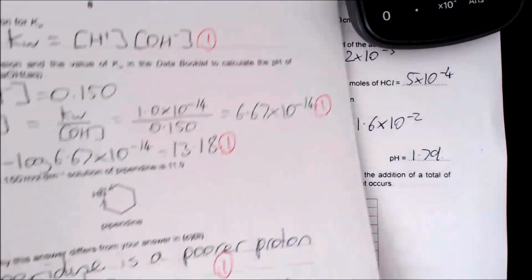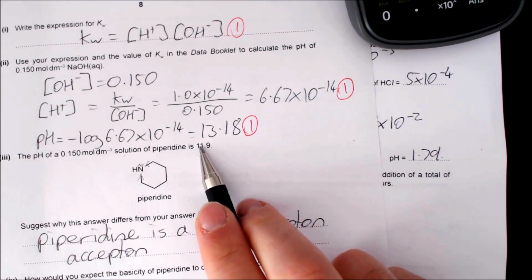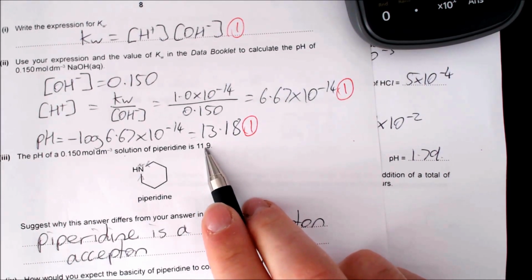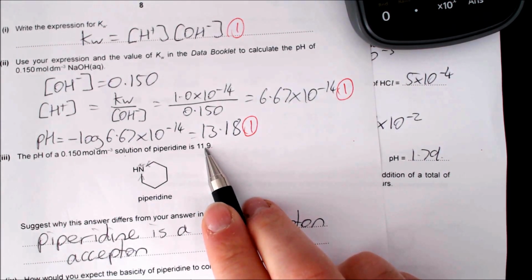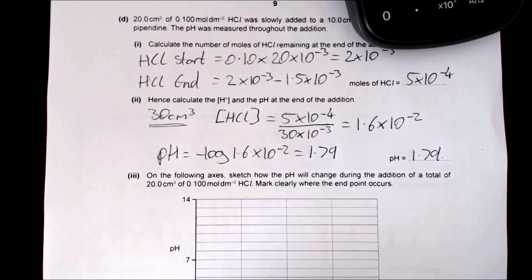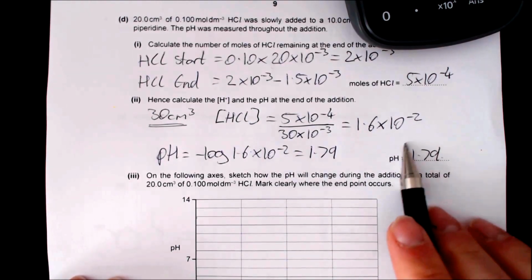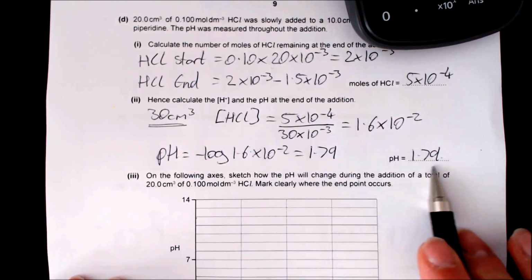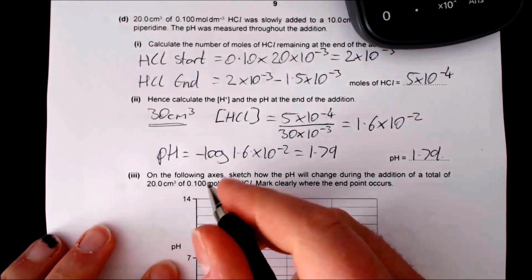There we go. You can see it's 11.9 there. So we start off at 11.9 and we're going to add the acid to it, and the acid is obviously going to make it acidic. But again, the acid can't drop anything lower than this one here, because this is the pH afterwards. So we've got to make sure that this doesn't change. So we're going to start from here.